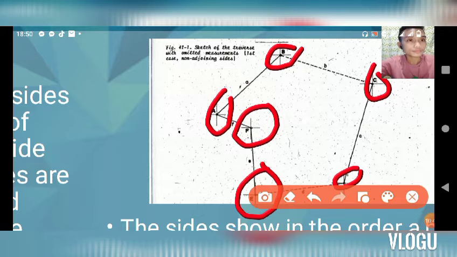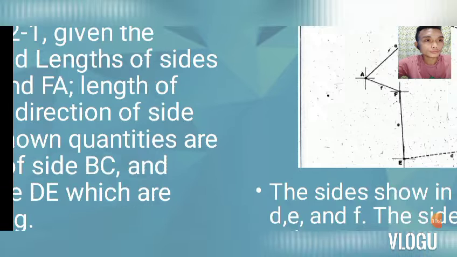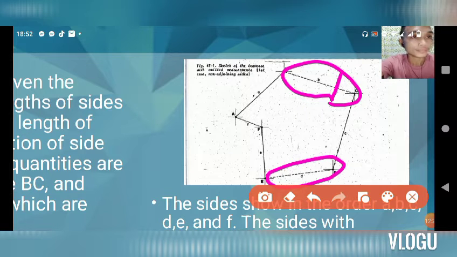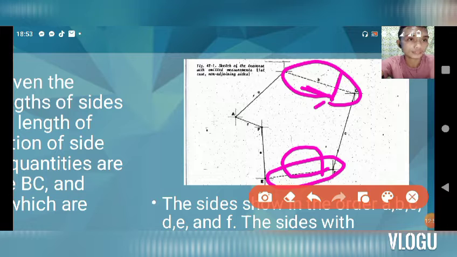And the broken lines are our non-adjoining sides. Here are our sides, since one is a side and D is our bearing. So we need to determine this and this.